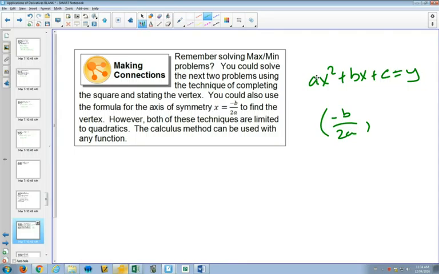If you complete the square, you'll be able to see that. But the problem is, even if you've seen this formula before, chances are you're going to forget it because you're not going to use it very often.